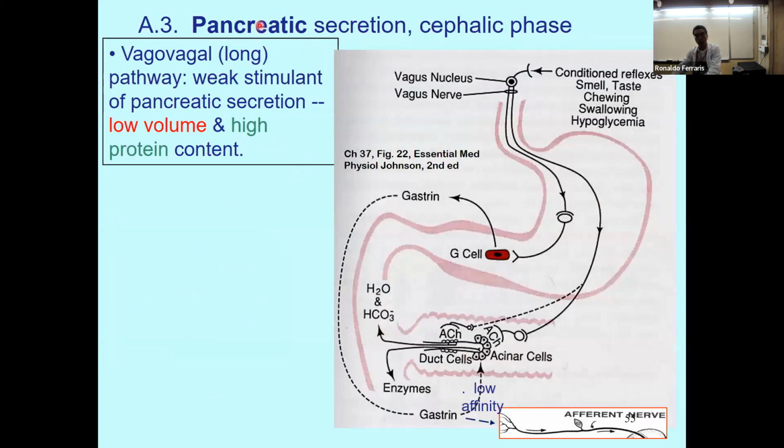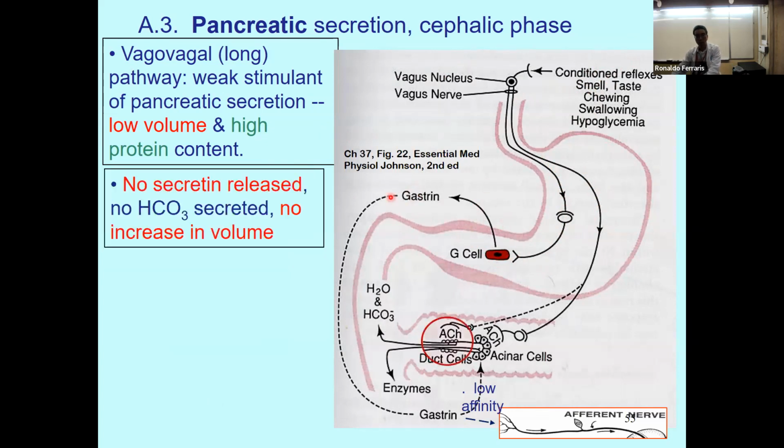So, what about pancreatic secretion and the cephalic phase? If you remember, there's nothing entering the stomach. You are only thinking, and smelling maybe. So, what is released here? What is the only hormone that's released? Gastrin, right? That's the only hormone that's released. There's no secretin, so nothing.